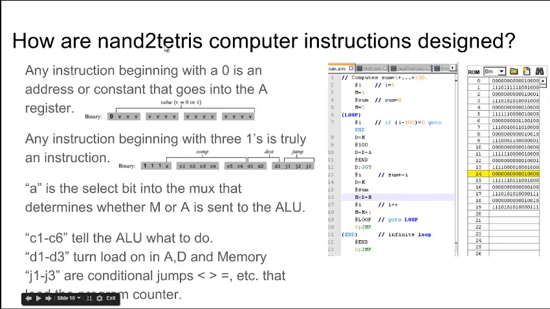So how are Nand2Tetris computer instructions designed? Here we see the binary version of this. So I has been turned into 16. Then this is an instruction. You can tell because it begins with a 1. This is a place, an address, so it begins with a 0.